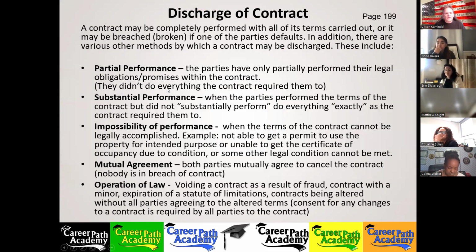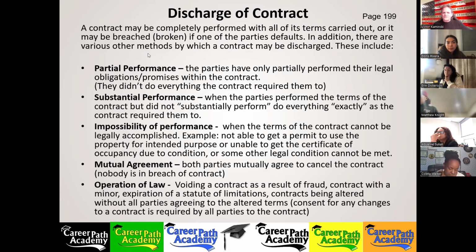All right. So let's talk about the different ways that a contract can be discharged. A contract can be completely performed with all of its terms carried out, or it may be breached. That means broken if one of the parties defaults.